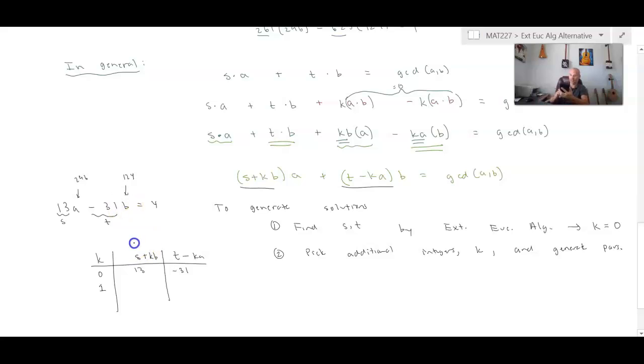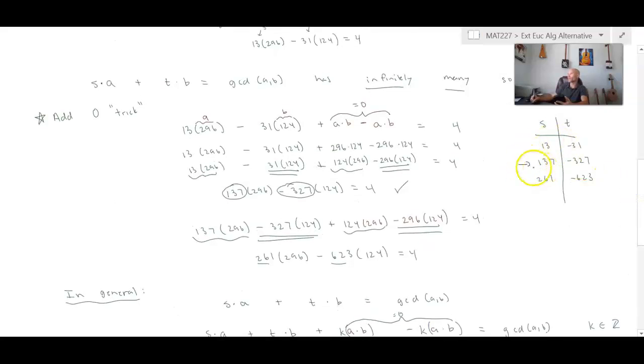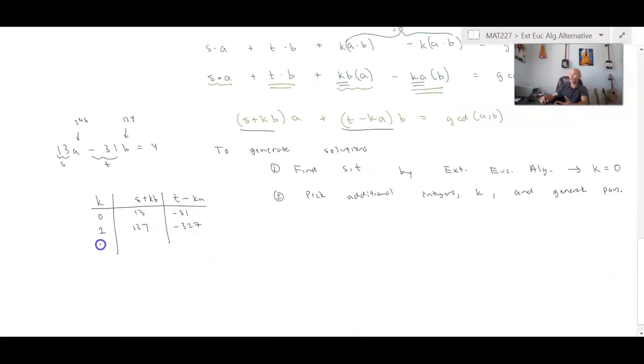So if I take 13 plus 1 times 124, I get 137. And if I take t is negative 31, minus 1 times a, which is 296, I get negative 327. Now that's consistent with what we came up with here. This was just for one iteration, k equals 1. And I can repeat this indefinitely.